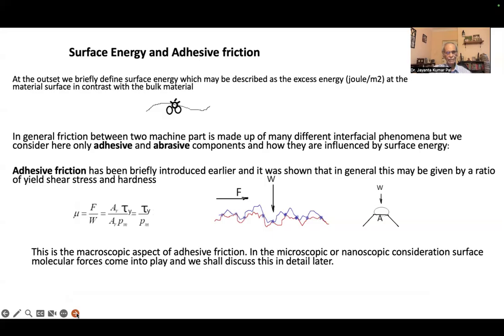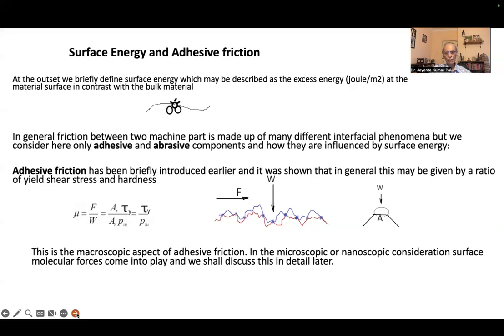In fact, when a body slides over another body, at the interface, there are many different phenomena taking place. For example, surface molecular forces, fatigue, plastic deformation, elastoplastic deformation, and many other phenomena.